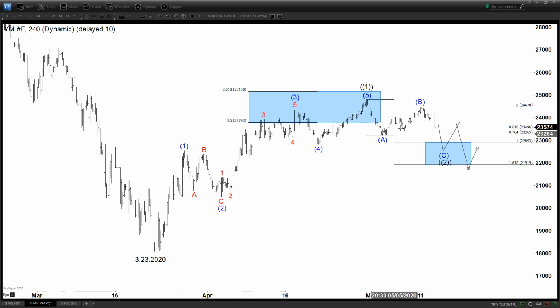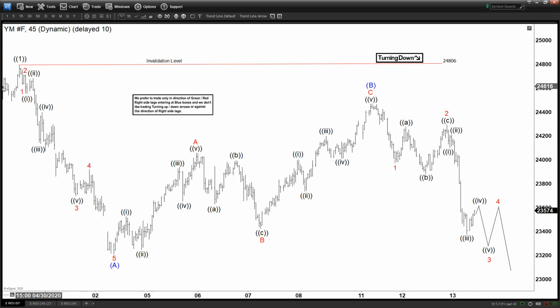Is it going to go to a new high or just bounce and fail? But the shorter cycle, which is what we are looking at right now, is expecting the rally to fail below 24,806 for the downside. Alright, so that's the update for today in the Dow.